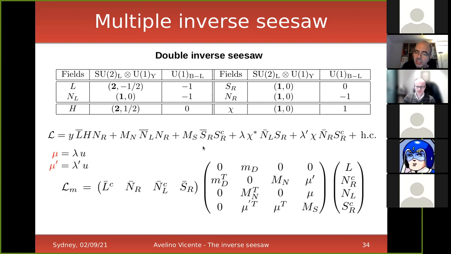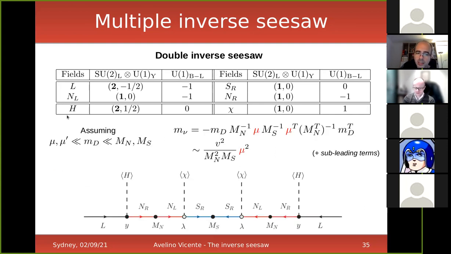And as usual, you work under the assumption of some hierarchy between the different couplings or between the different scales in the model. If mu and mu prime are much smaller than MD, and these are much smaller than MM and MS, this is the formula that you get for neutrino masses. And now, instead of being proportional to mu, it's proportional to mu squared. That's why people call this the double inverse seesaw mechanism.